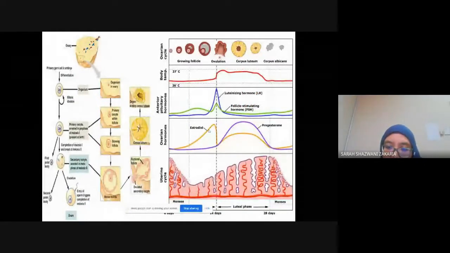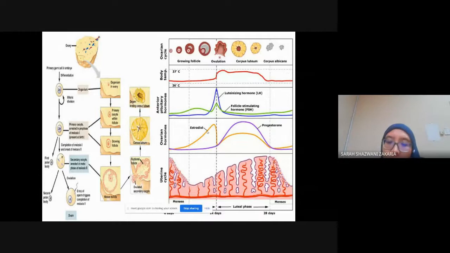So at a certain point, the high concentration of estradiol switches on the positive feedback of LH or gonadotropins secretion. That's why we have this LH surge. This LH surge here is important for the ovulation at the mid cycle of this ovarian cycle. Okay.